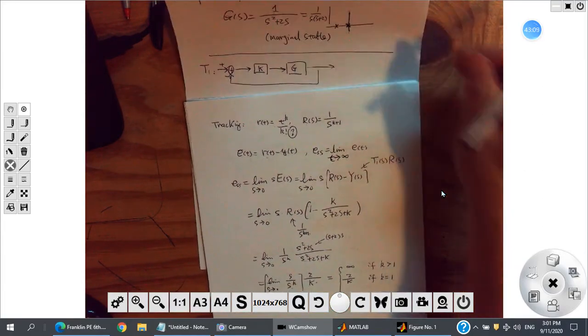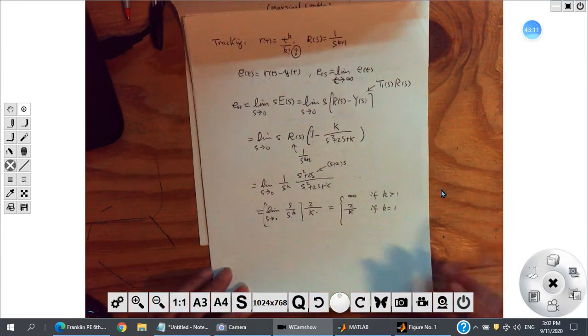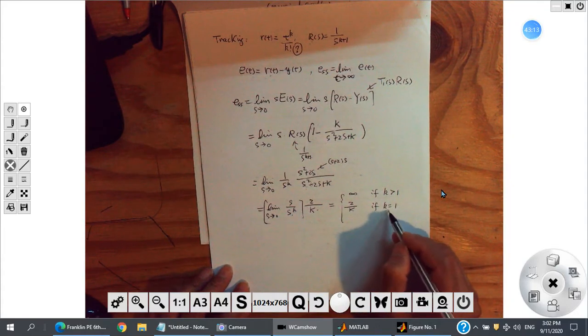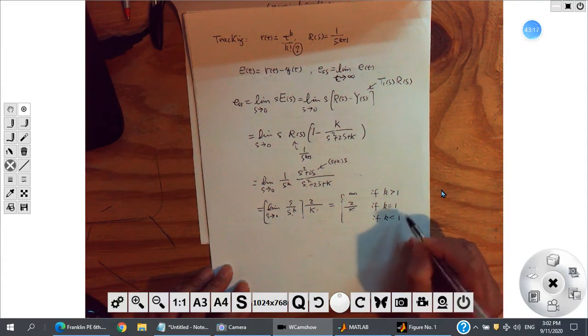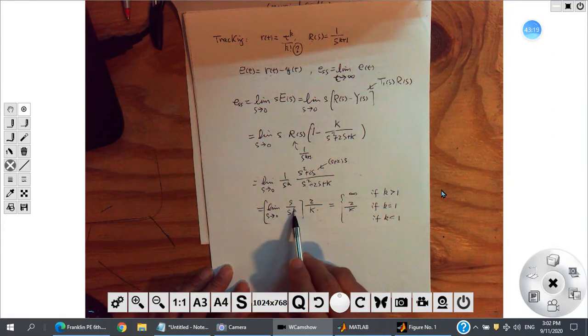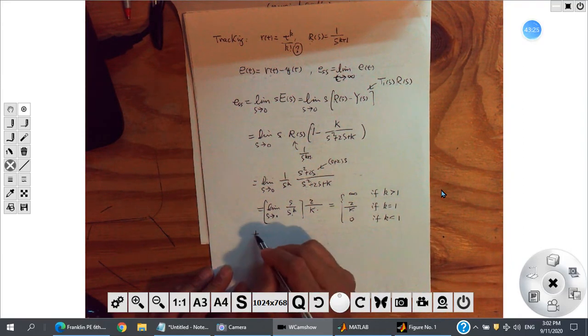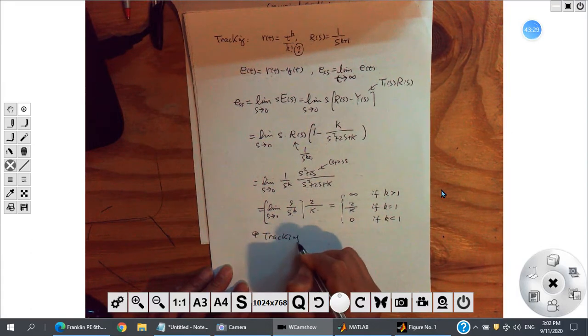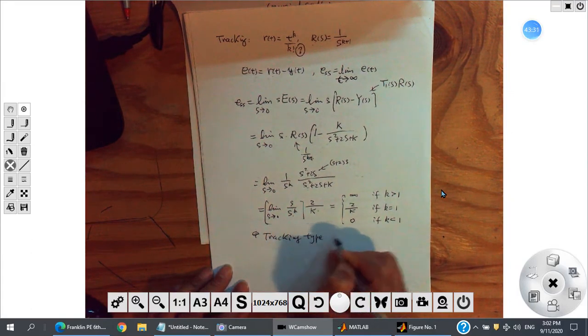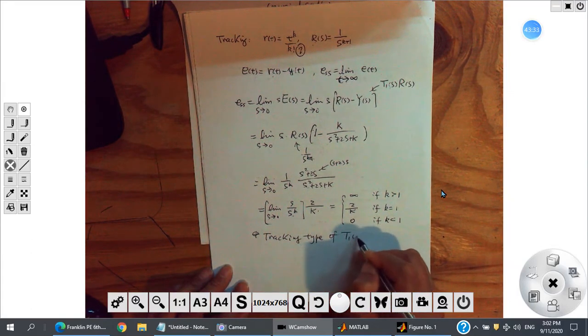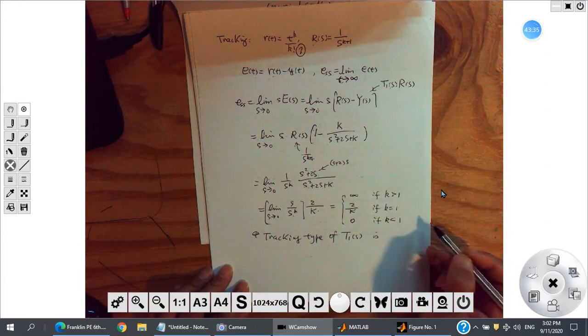And when k is smaller than 1, then it will be 0. So the tracking type of T1 is 1, right? Is 1.